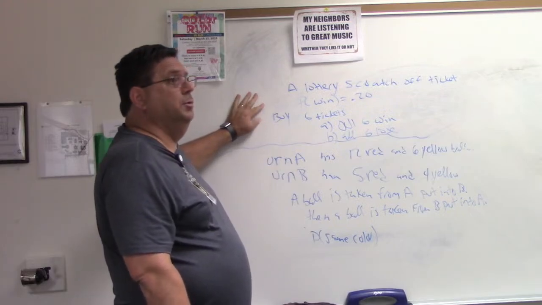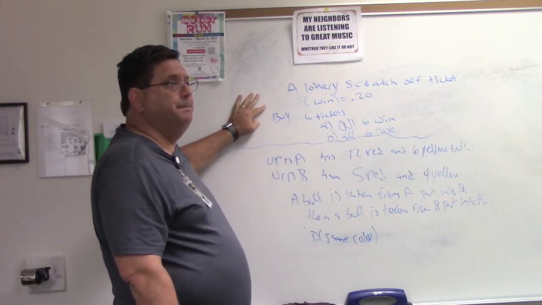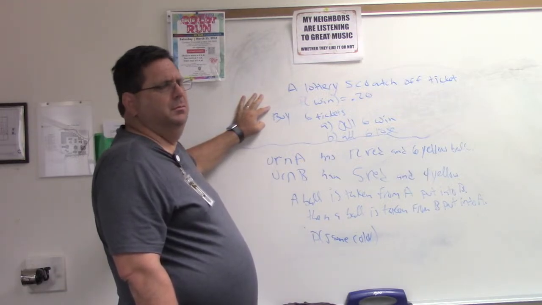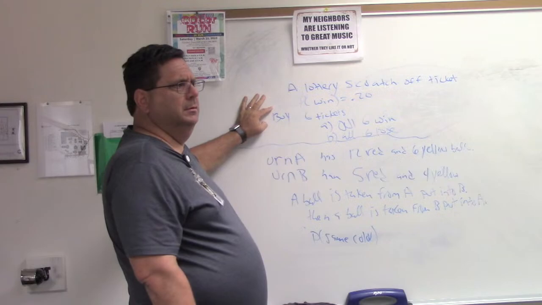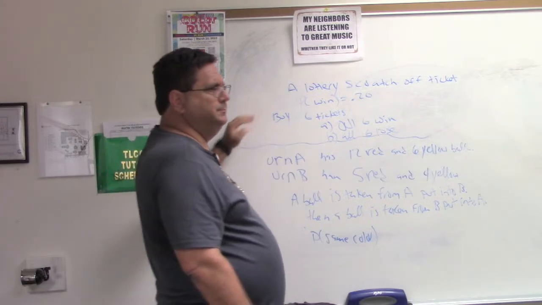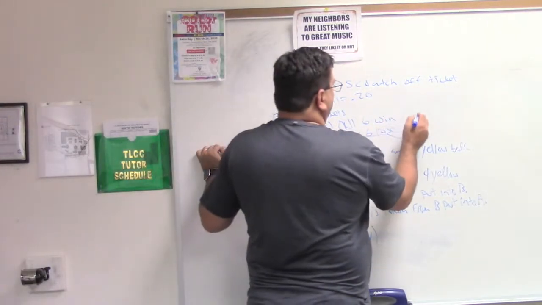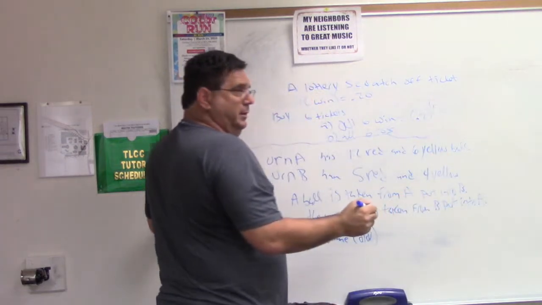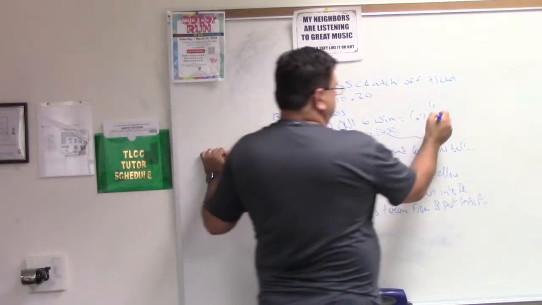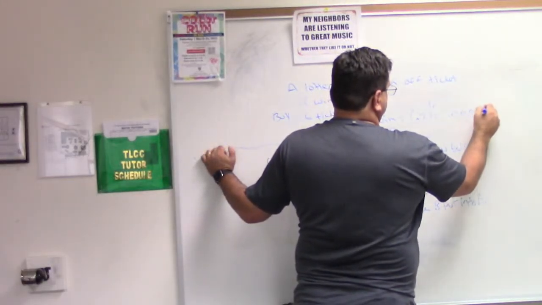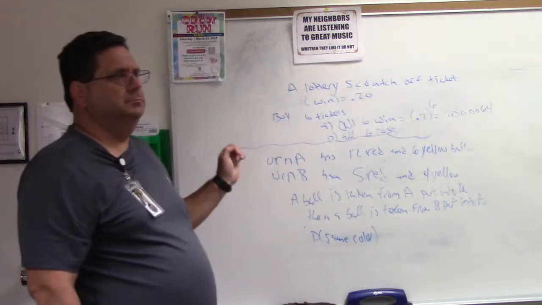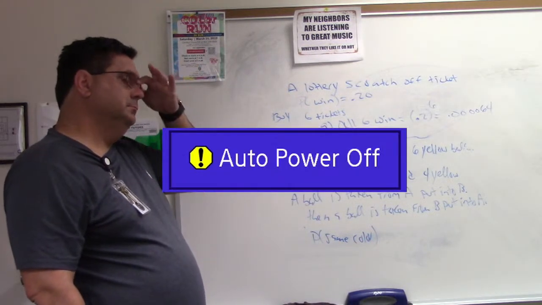Hey, probability win all 6 times. What did you get? 664. No. Probability wins 0.2 raised to 6, right? Oh, that would be 20. That's right. I think that's right.